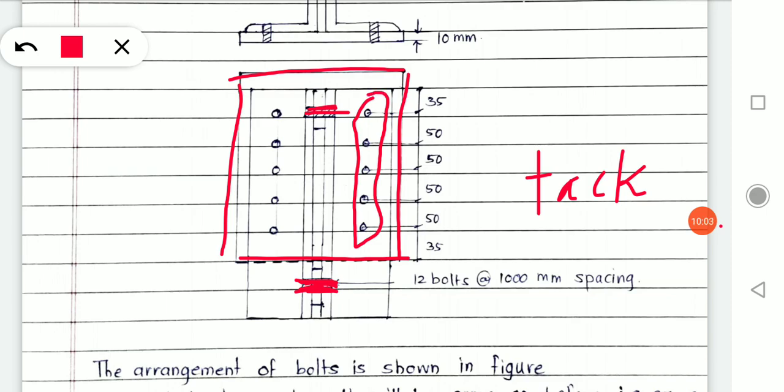Those are the design bolts. Those carry a load as well as they connect your two angles with each other and with the help of gusset plate, right? But these two extra bolts are placed to combine this section. They don't carry any load, but the purpose they serve is keeping these two angles intact, right?